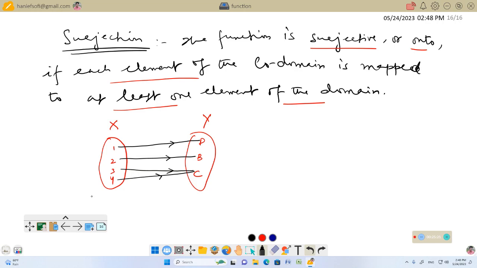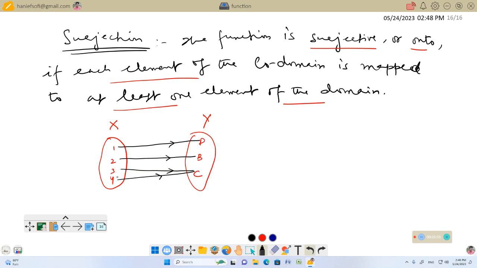Let us see whether this function is a surjection or not. Let us move to the definition. Each element of the codomain is mapped to at least one element of the domain. You can see D is connected to 1, B is connected to 2, C is connected to 3 as well as 4.